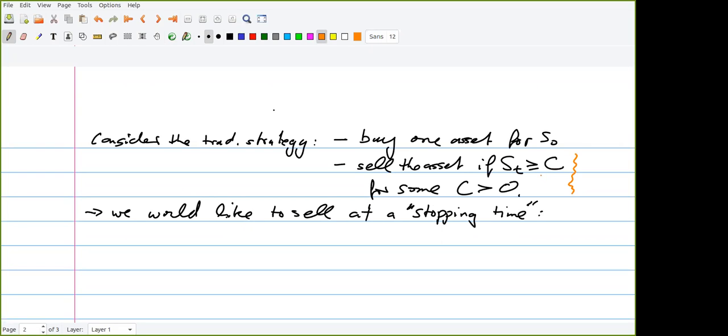So we might keep the asset until the terminal time T, or it might happen at the first time, so at time 1.